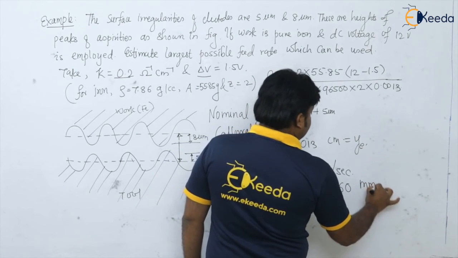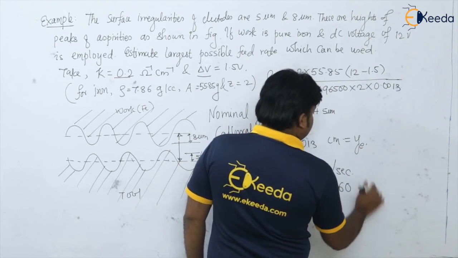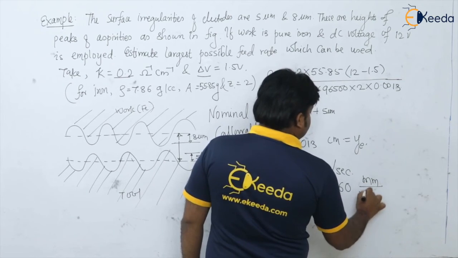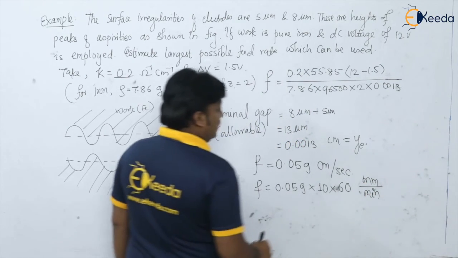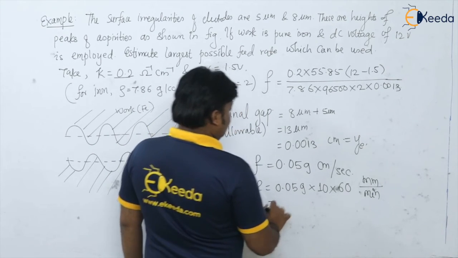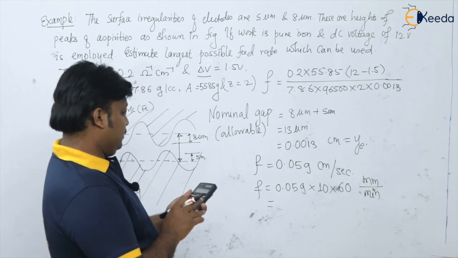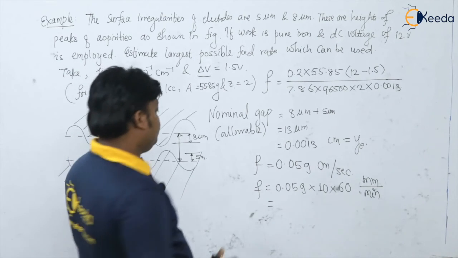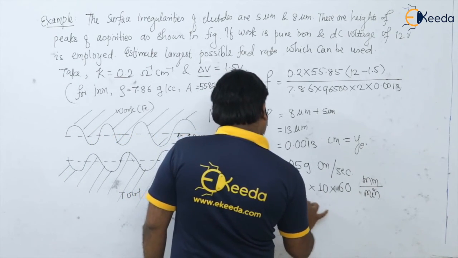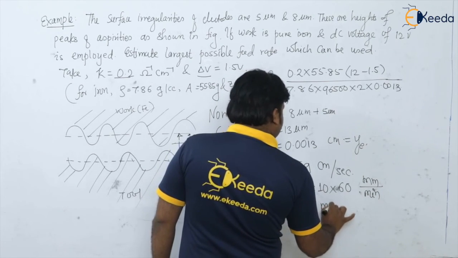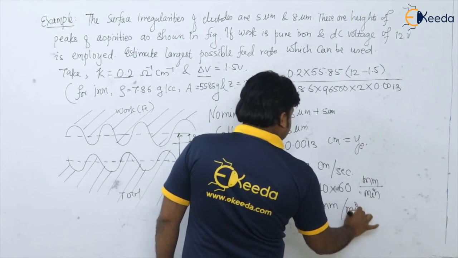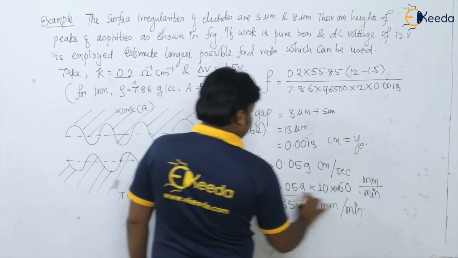So it will be in mm per minute. So this will be the feed rate if they are asking mm per minute. So how much is it? Into 60 into 10, 35.68 mm per minute. So this will be the feed rate.